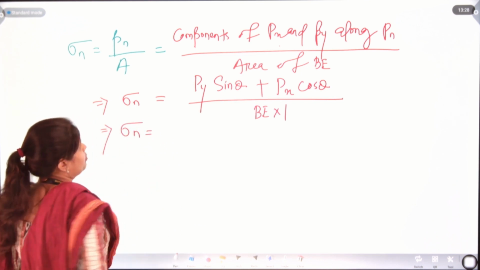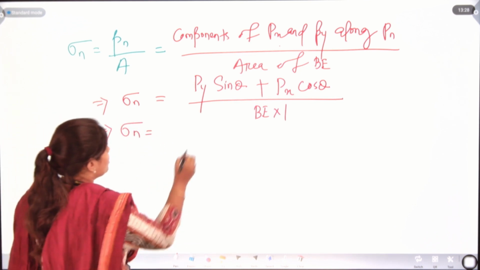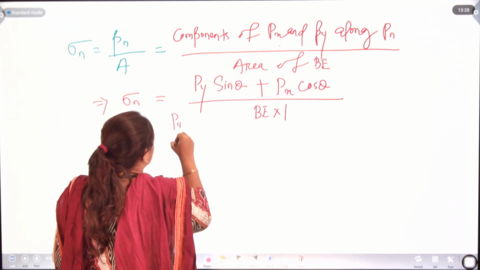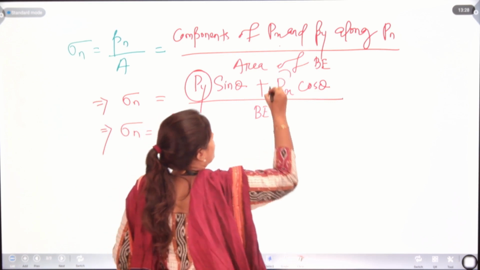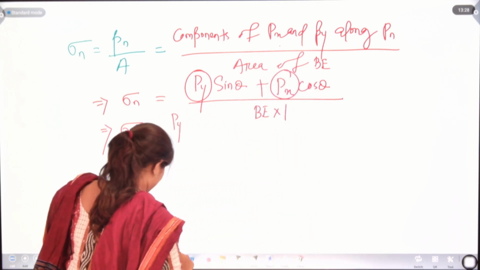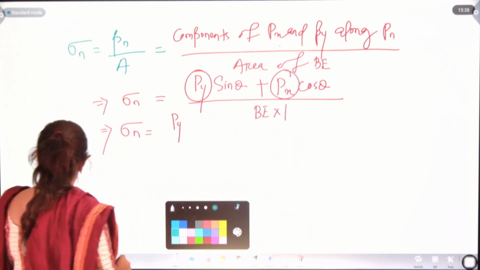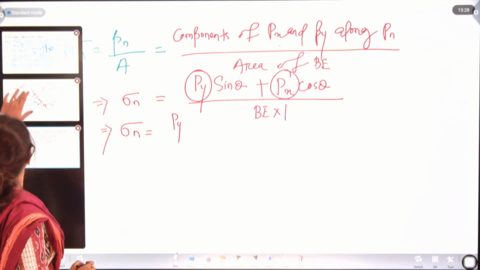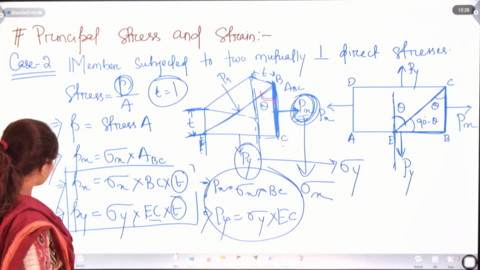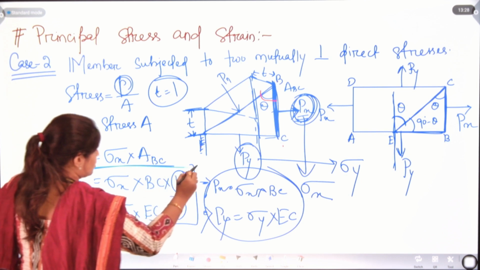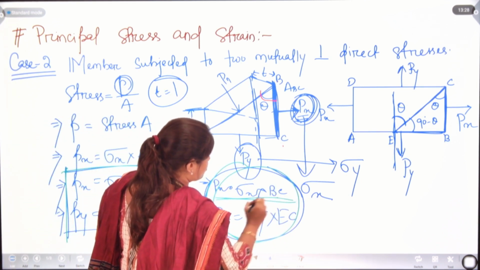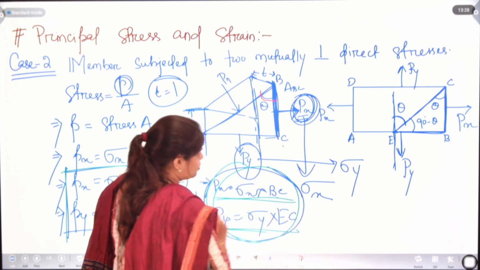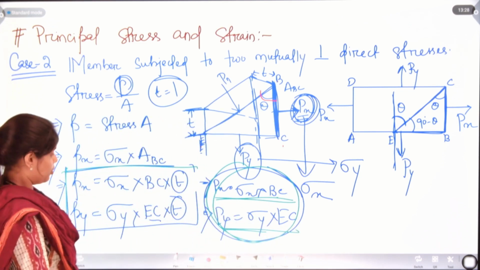Sigma n will be, if we just simplify this, we can put the value of Py and Px as we have already found out here. Px is equal to sigma x into BC and Py is equal to sigma y into EC.